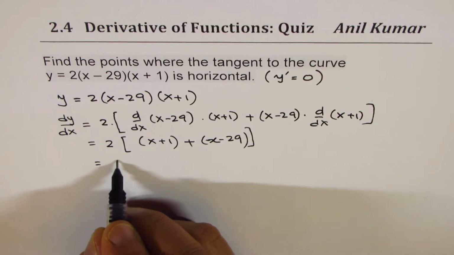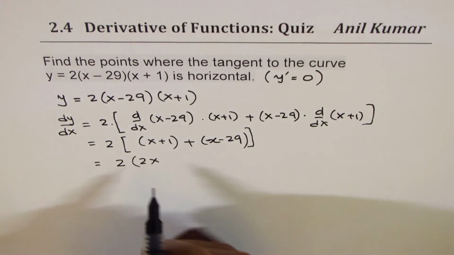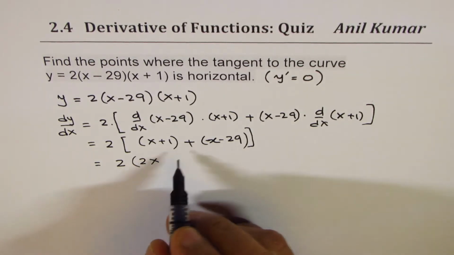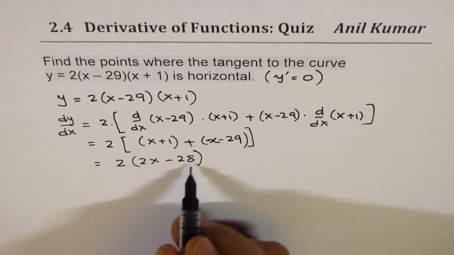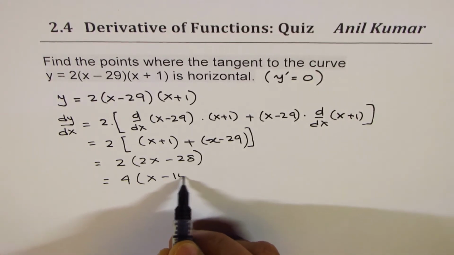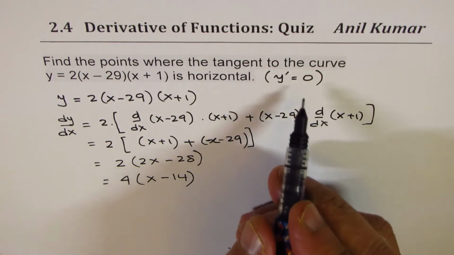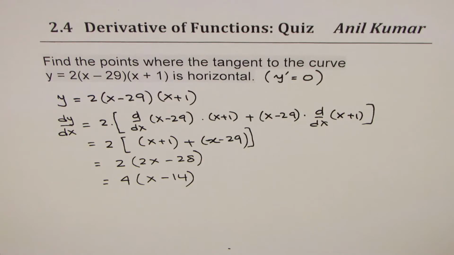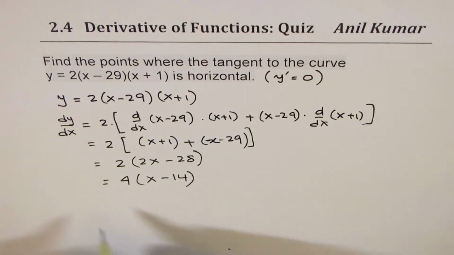Okay, so that gives us 2 times x plus x is 2x, and 1 minus 29 is minus 28. You could take 2 common, so you get 4 times x minus 14. Now we want this derivative to be 0 for horizontal, right? We want to find points where the tangent to the curve is horizontal.